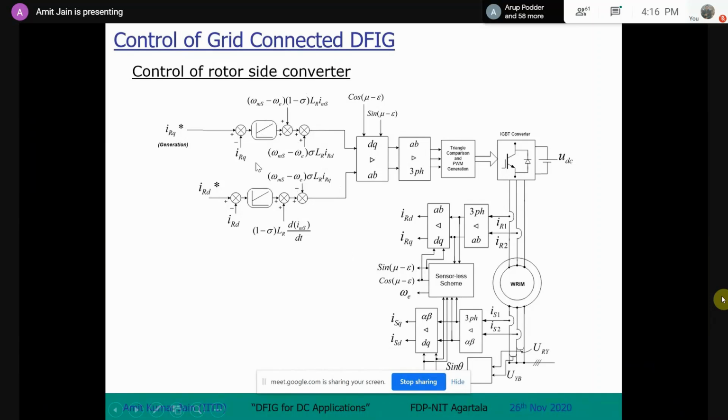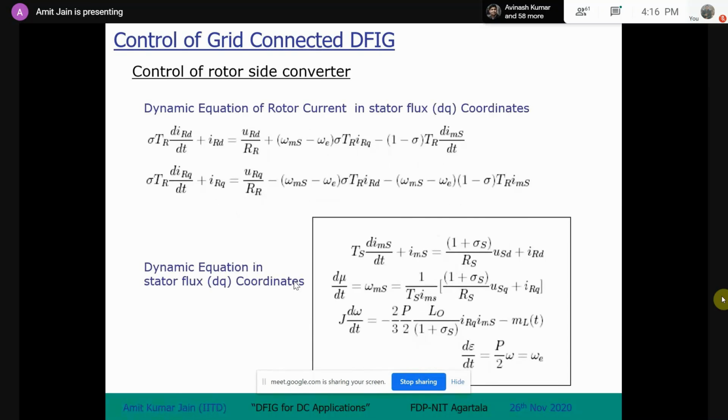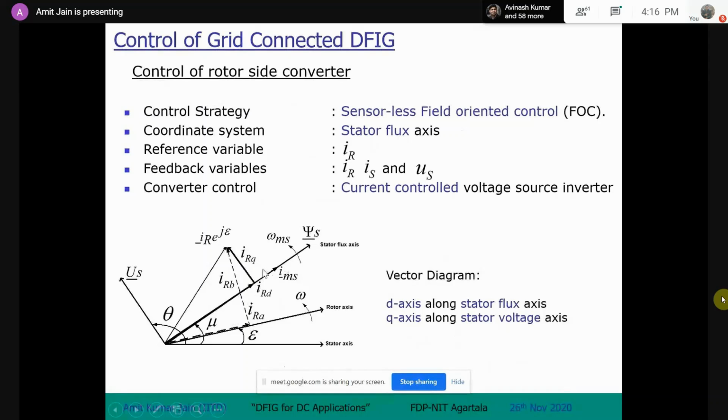You put a PI controller on the D axis current and the Q axis current. So what does the D axis current do? We all know that the D axis is the flux axis. The job of this D axis current controller is to maintain this flux from the rotor side if you want to. Otherwise, it is available from the stator side.